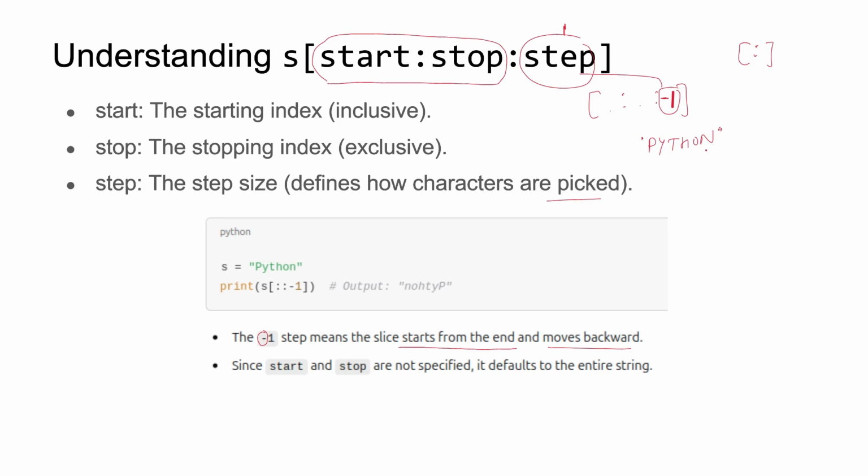So each time it will pick one character from backward and print this, HTYP. So it will reverse the string. Alright, it will reverse the string. Since start and stop are not specified, it defaults to the entire string, right? Let's try this.